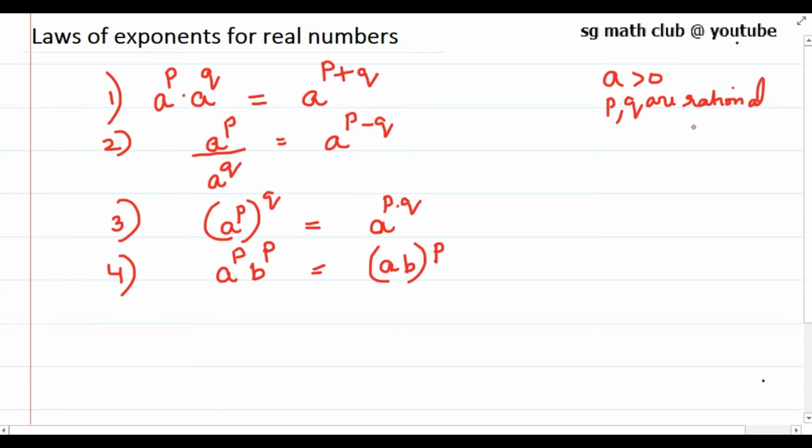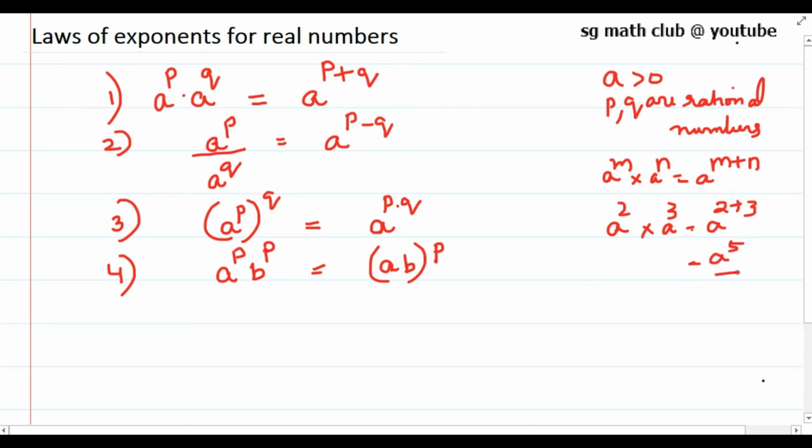When you studied in 8th standard, a to the power of m into a to the power of n equal to a to the power of m plus n, where m and n are numbers, like a square into a cube is equal to a to the power of 2 plus 3, which is equal to a to the power of 5. But here p and q are rational numbers. Instead of numbers, you are going to deal with fractions, or rational numbers.